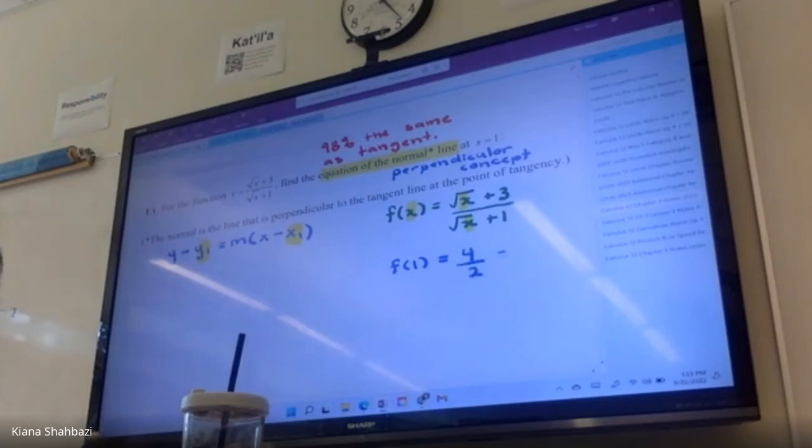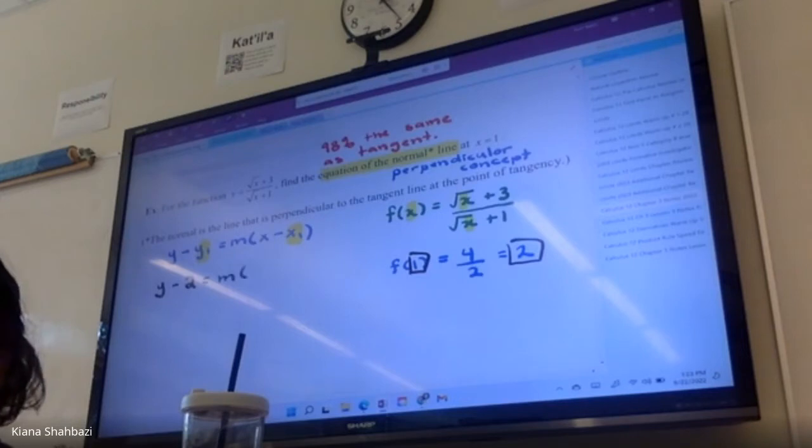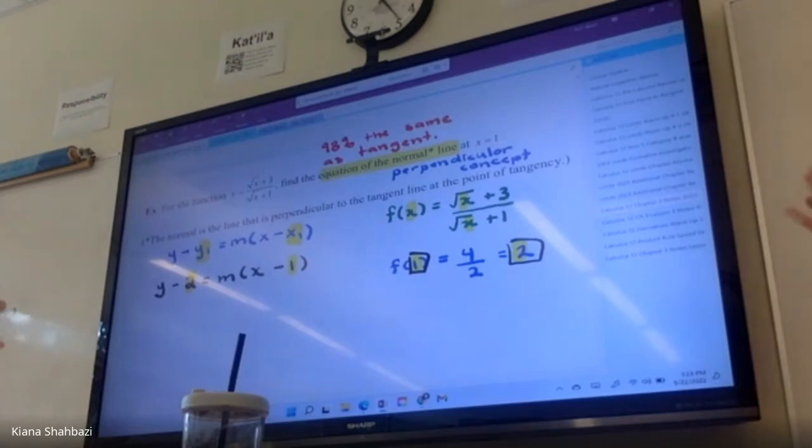So class, what I recommend is you take your 1 and your 2 and plug that in first. So once again, it's 98% the same thing as the tangent line, and I would recommend taking care of the pre-calc stuff first, which is your x-coordinate and your y-coordinate.